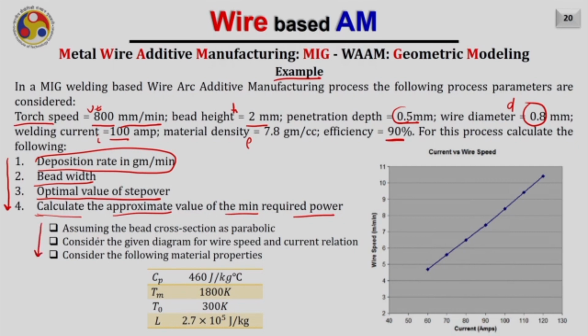It is said to assume the bead cross section as a parabola. Consider the given diagram for wire feed speed and current relation, and also consider the material properties such as the value of Cp, melting point, room temperature and the latent heat.